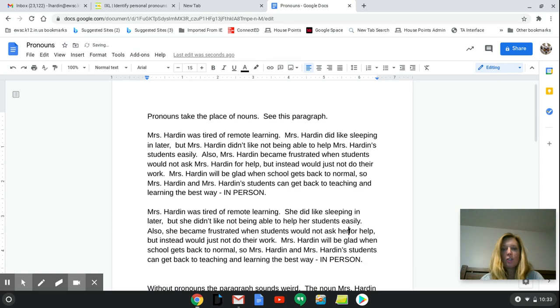You wouldn't want to use she here toward the end of a sentence because she is a subject pronoun. Her is an object pronoun, so it's going to be used at the end part of a sentence. And you can just tell because it sounds better. All right, so let me reread that sentence. Also, she became frustrated when students would not ask her for help.